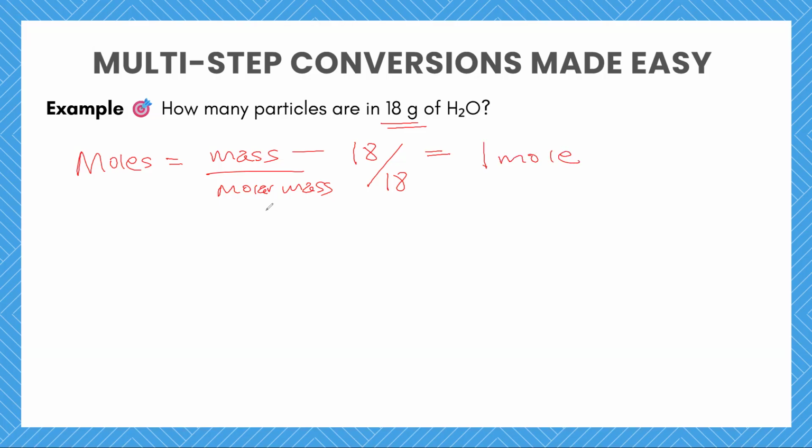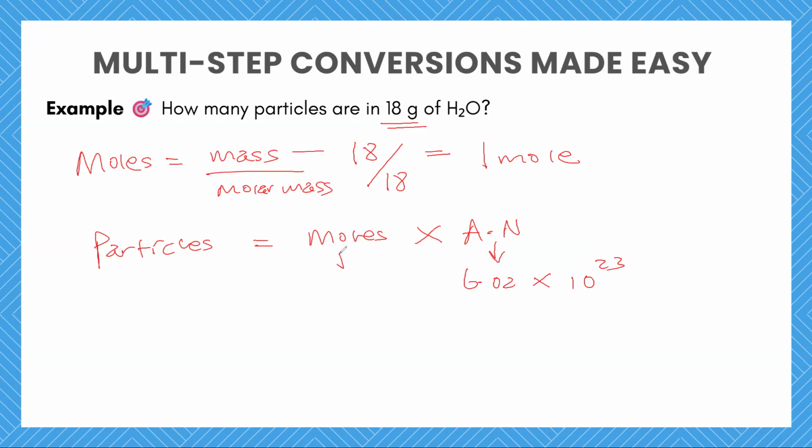Now that we have the number of moles, we can use that to calculate the number of particles that are present. Remember, number of particles present is equal to the number of moles multiplied by Avogadro's number, and Avogadro's number is 6.02 times 10 raised to power 23.